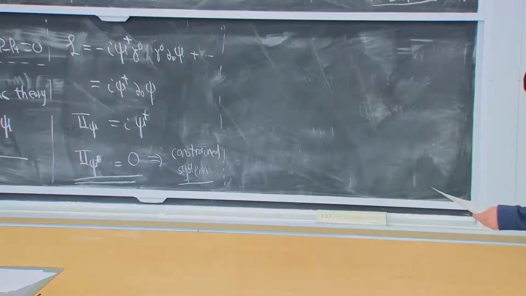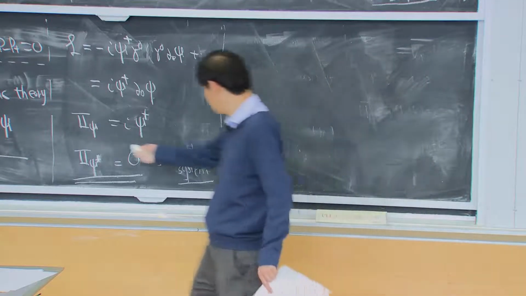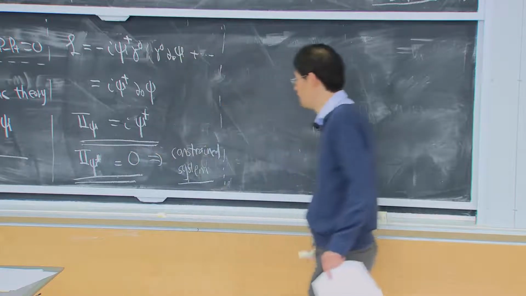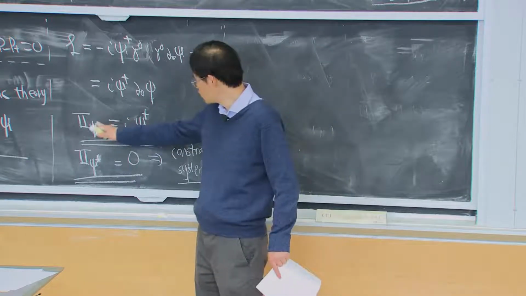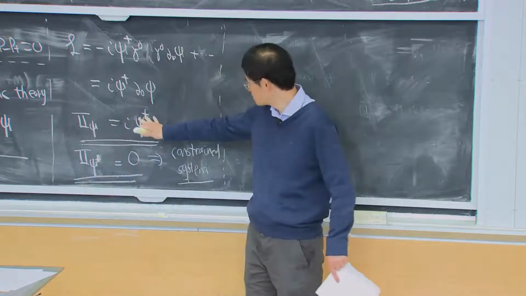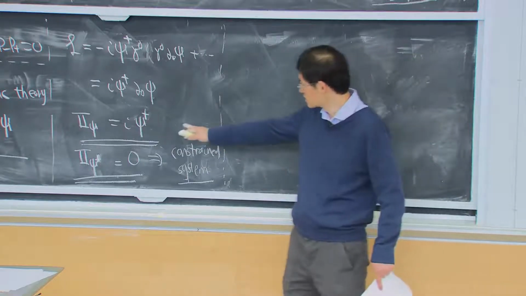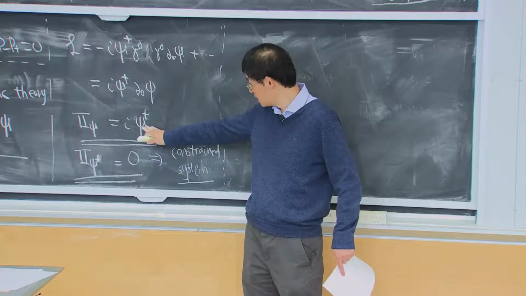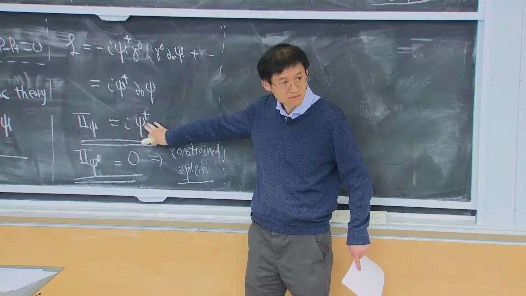Okay, the way to go around is the following. This equation tells you that the canonical momentum conjugate to psi is actually psi dagger. Also, here it's a little bit funny, because remember in the standard story, the canonical momentum is related to the time derivative.